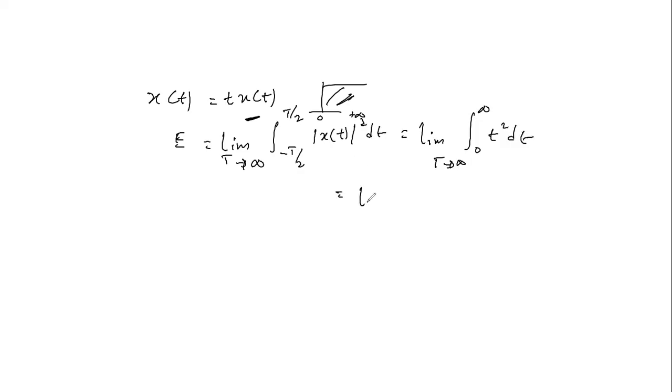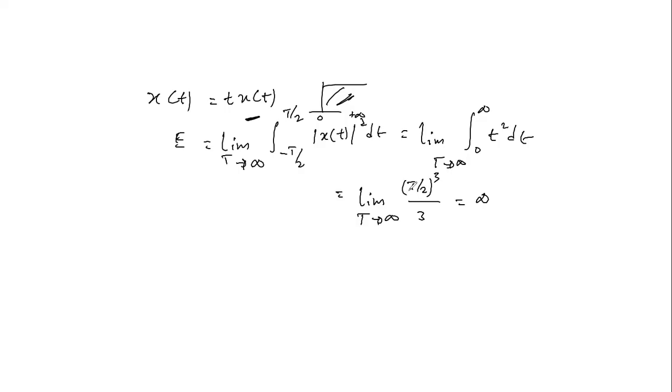And this gives us, for T tending to infinity, T over 2 cubed over 3. And as T tends to infinity, this value tends to infinity.